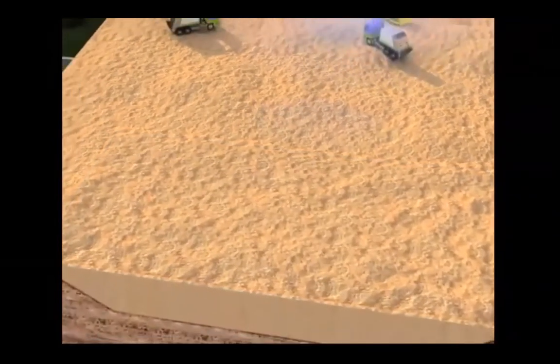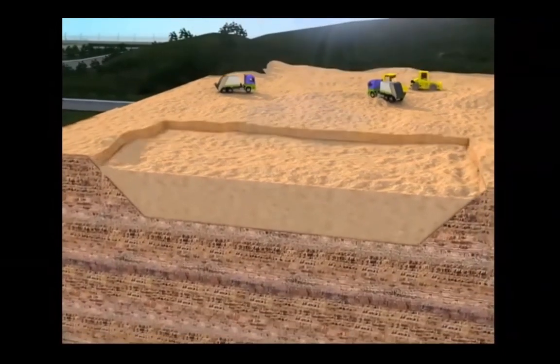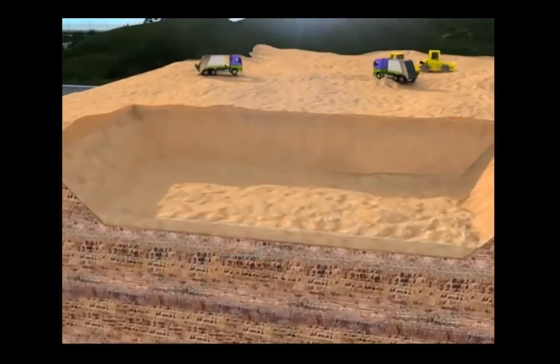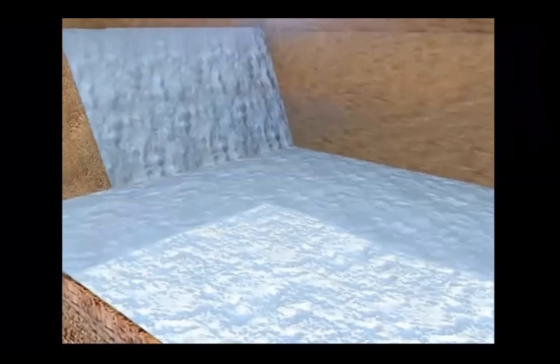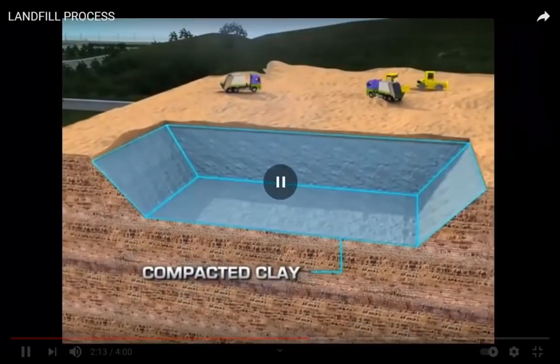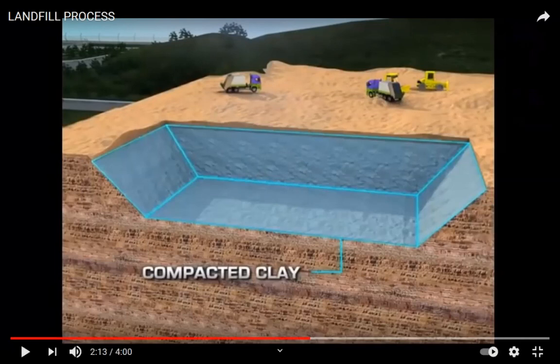And then we're going to the area. So there's a compacted clay layer. This is mainly to prevent the leachate, as we said, the liquid that's concentrated with toxins, from penetrating down to the soil.